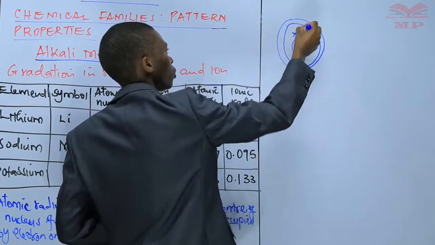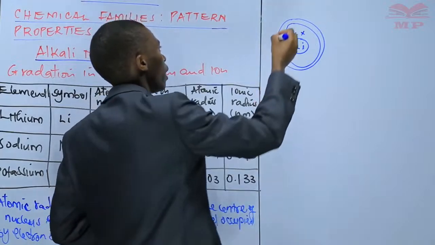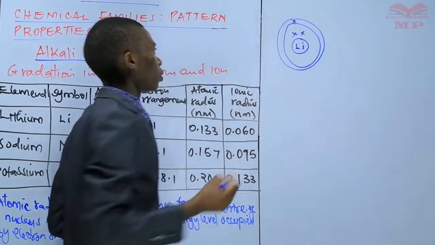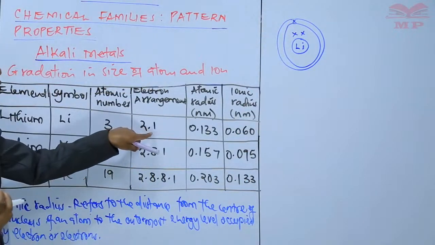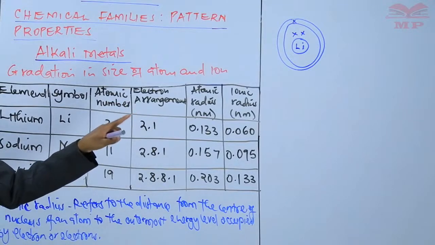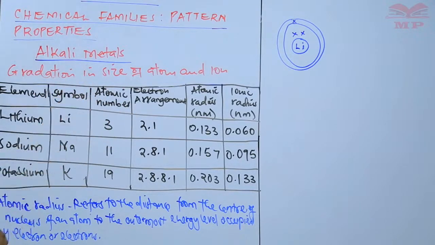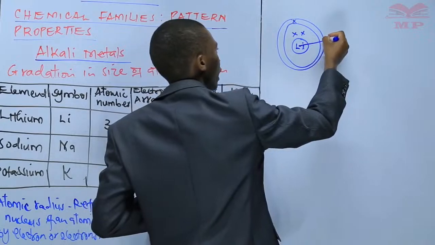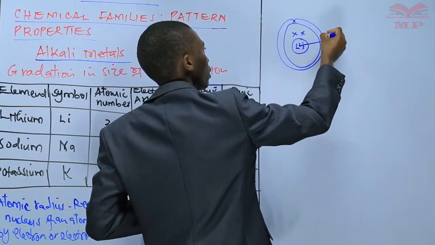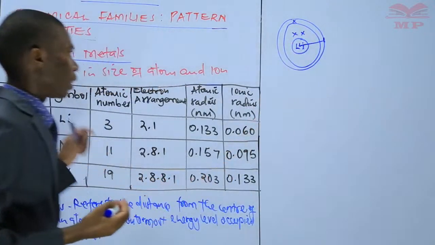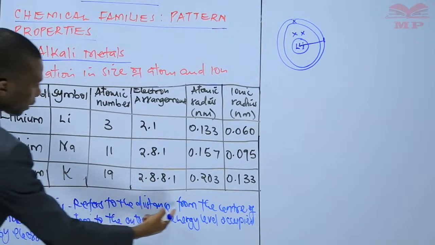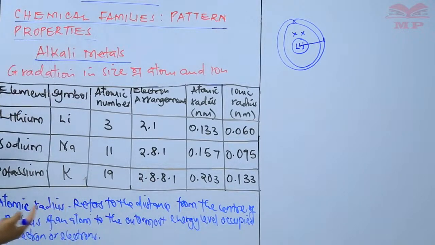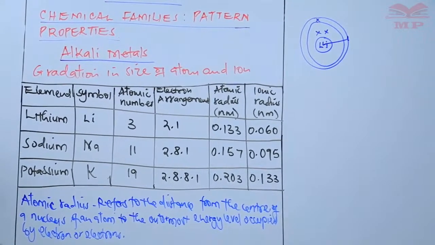The first energy level has 2 electrons, and the outermost energy level has 1 electron, because the configuration of lithium is 2-1. Therefore, the atomic radius is the distance from the center of this nucleus to the outermost energy level. So the distance from here to here, that is what we are calling the atomic radius.